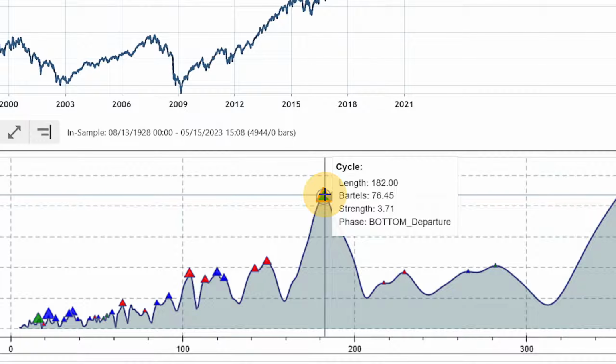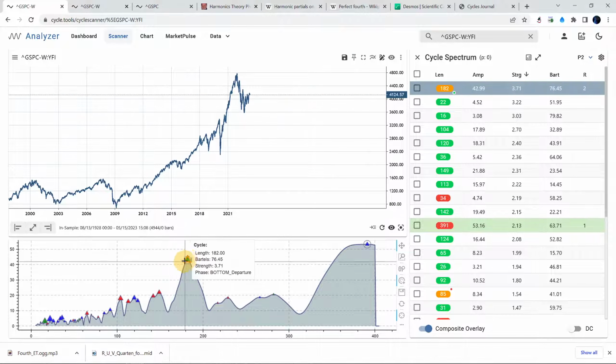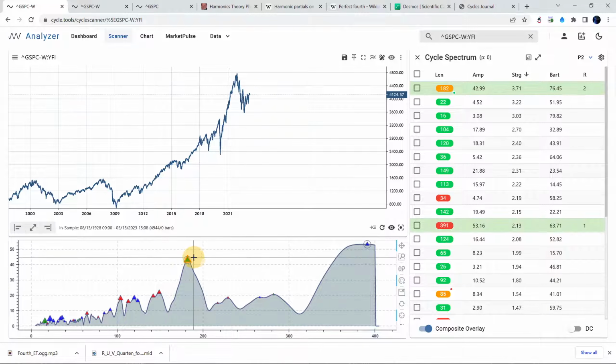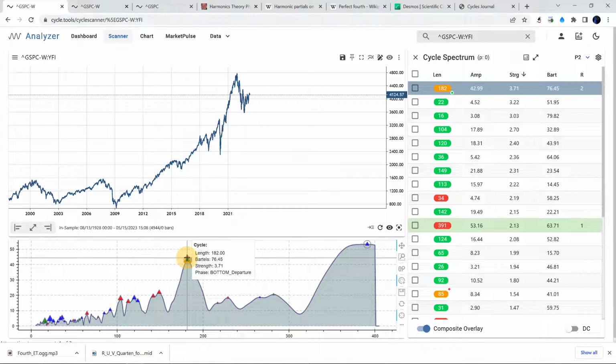It's green, it's a large triangle. I mean, we don't need any artificial intelligence to detect that this is a valid peak here in the spectrum. The only other one would come into place here, but this is for sure a clear visible peak at 182 weeks. Now, the nominal 4-year cycle consists of around 200 weeks, 200 to 210 weeks.